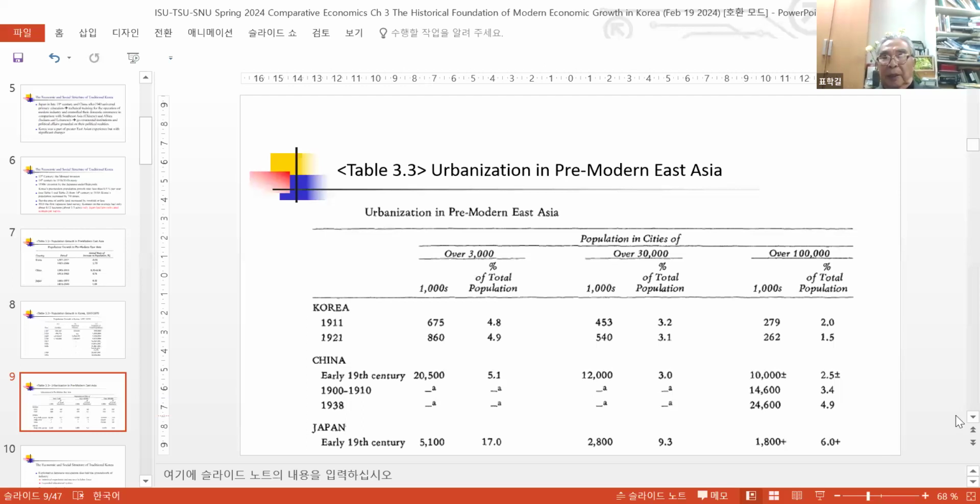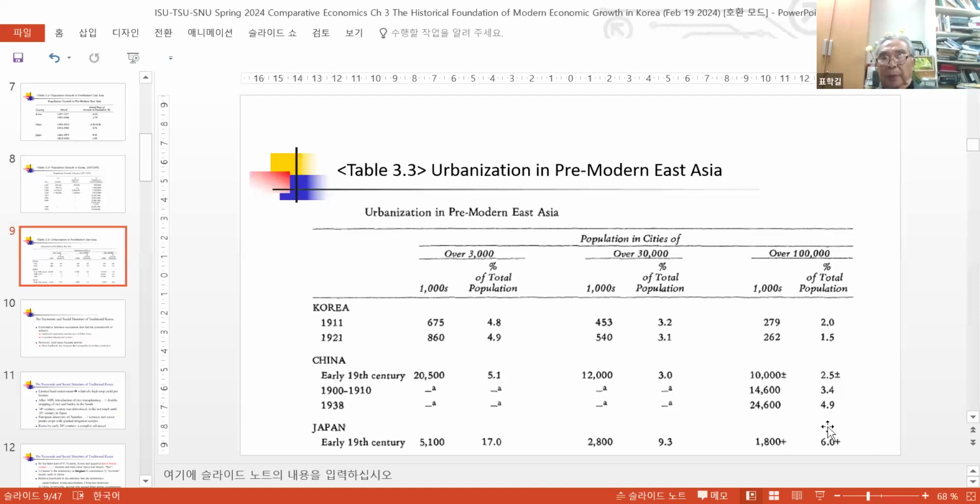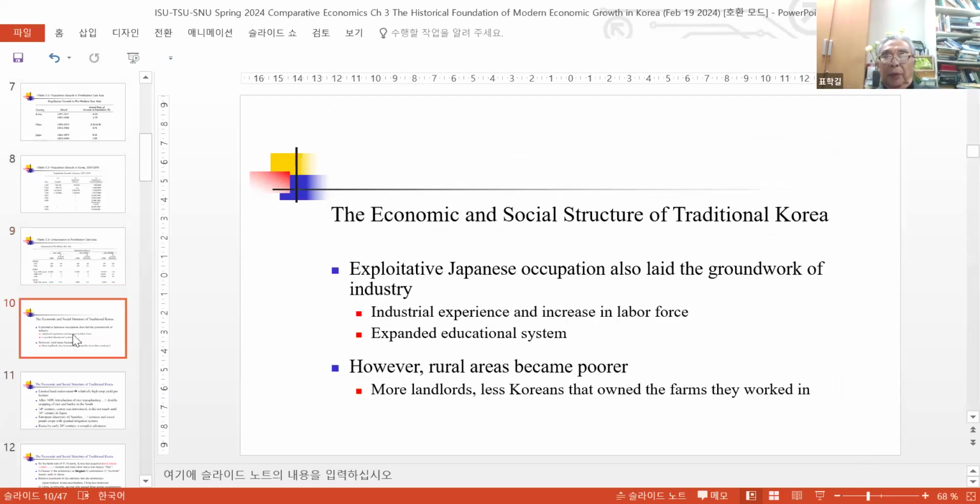Japan was higher, at 6.9%. What does that mean? Japanese urbanization rate was much higher than China's and Korea's, because Japan's development was fast and a lot higher than Korea's.